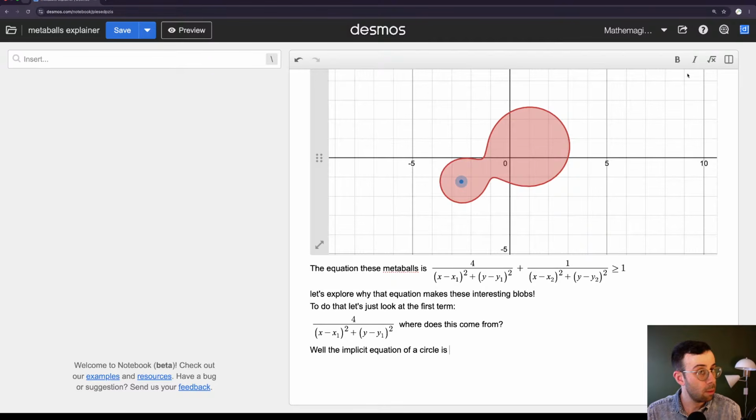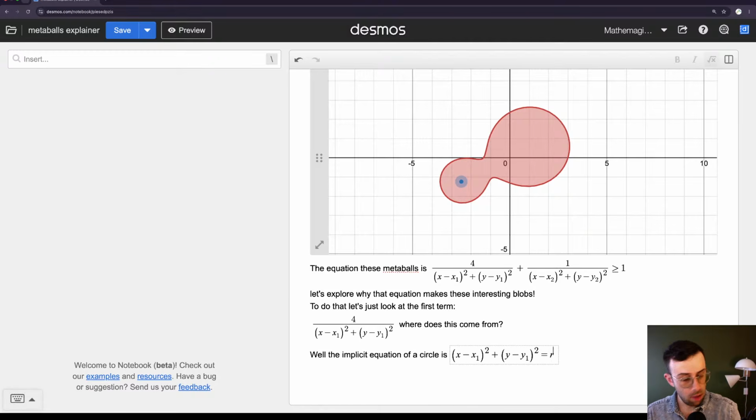It is this stuff equals r squared, where x1, y1 is the center of the circle and r is the radius.